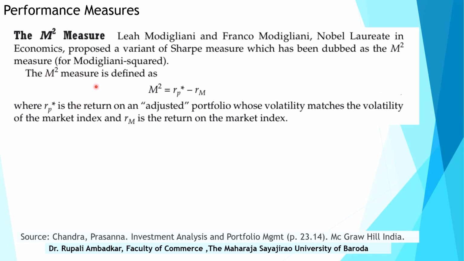The M-square measure is basically the difference between the return on the adjusted portfolio and the return on the market portfolio, where the return on the adjusted portfolio is for a portfolio whose volatility matches the volatility of the market index. So the adjustment is done for the volatility to match the volatility of the market index, and thus the difference between the two returns is found out. That is what M-square is.